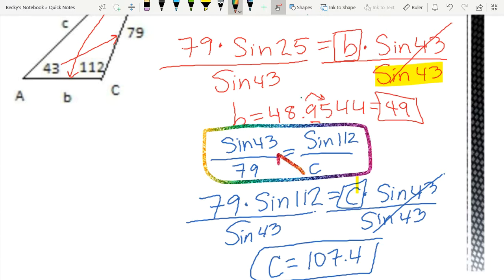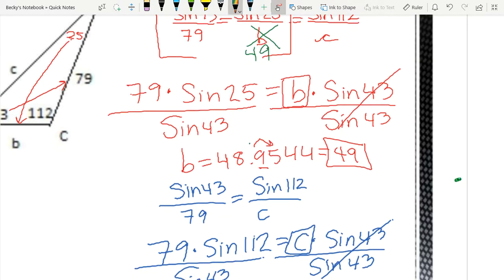So c goes in front of sine 43, and I did it here on the right side. The 79 goes in front of sine 112. If I'm solving for c, I divide by sine 43, so those cancel out. Ooh, I don't know what's happening. Like I said, this is a weird version that I'm not used to.